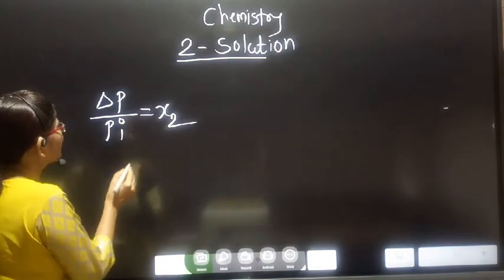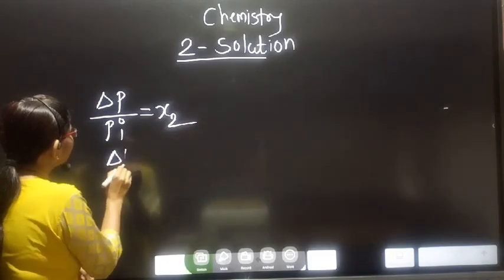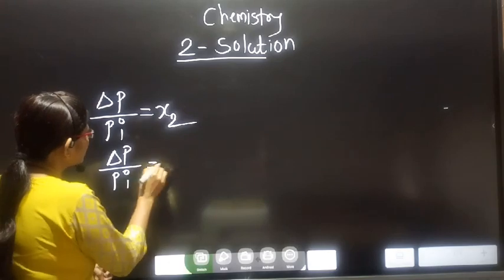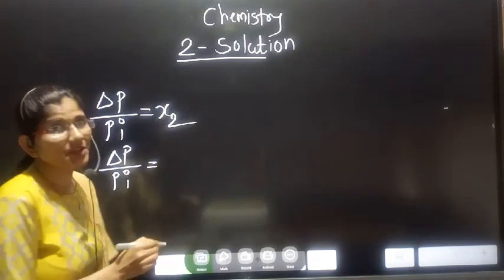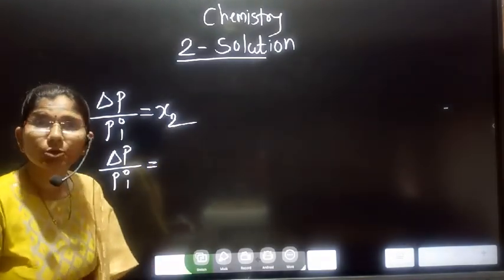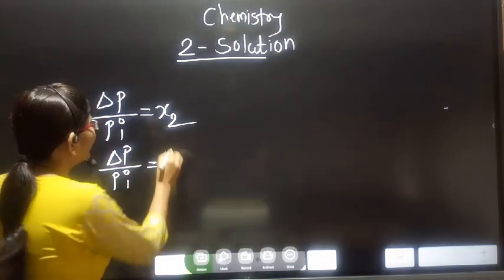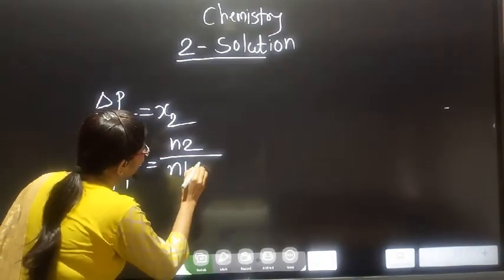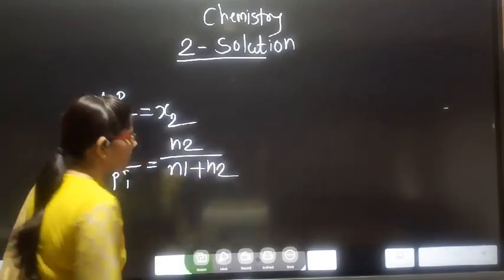What is the expression for X2? X2 is equal to N2 divided by N1 plus N2.